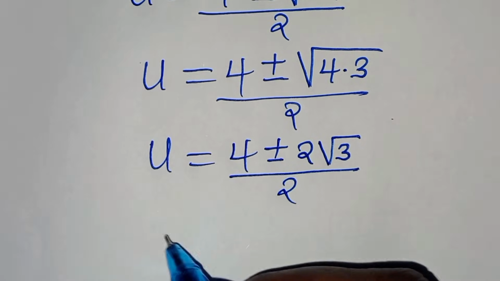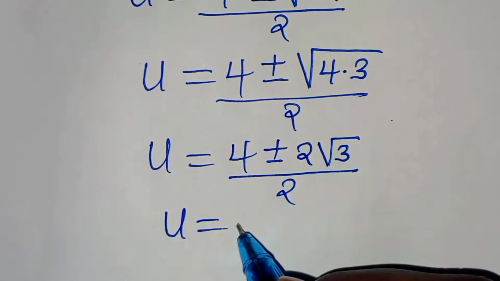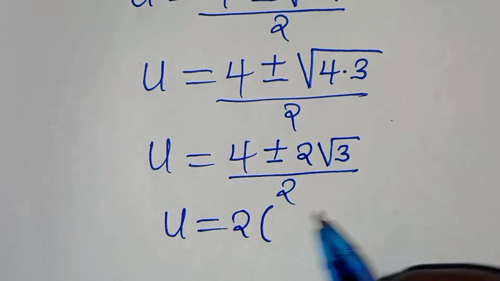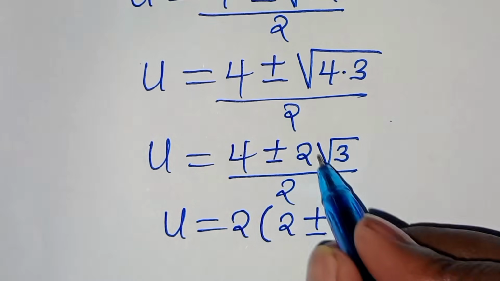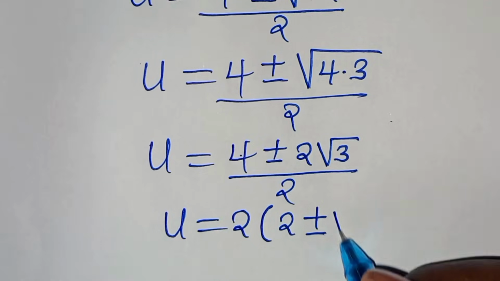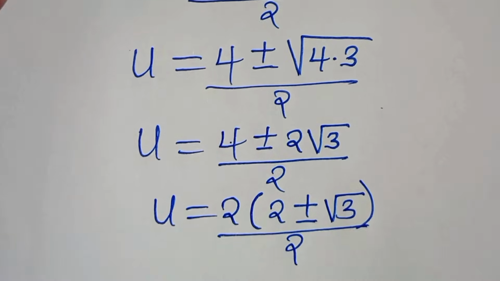Now we have that u is equal to, in the numerator here, 2 is common, so we can factor out 2, so that we have 4 divided by 2. This is 2 plus or minus 2 square root of 3 divided by 2.